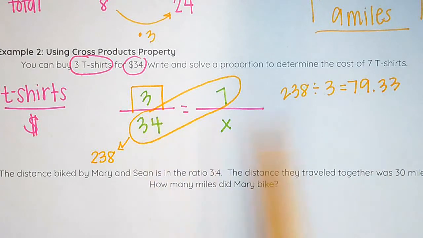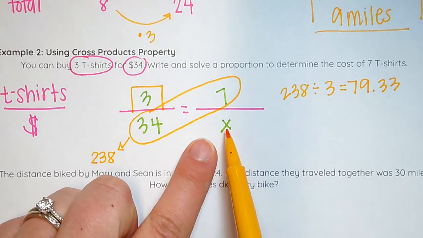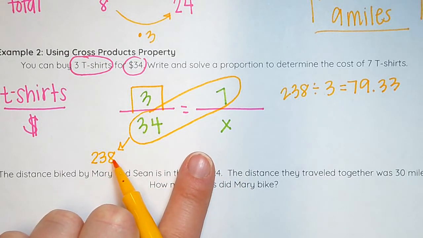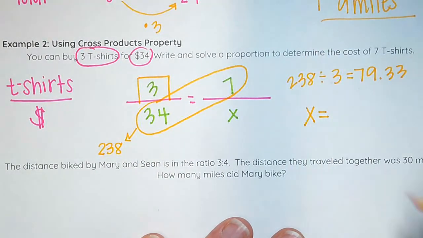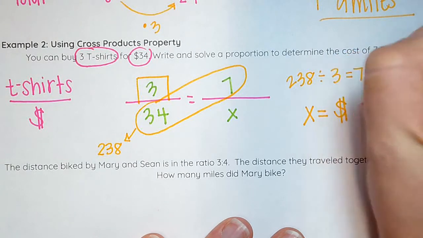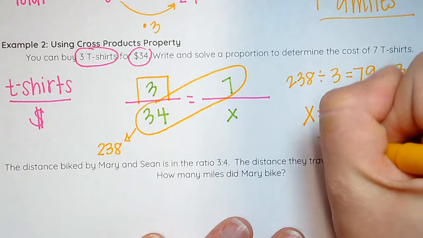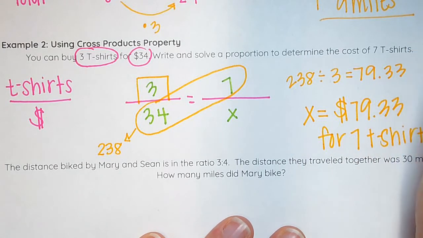Therefore, if I were to substitute in for X, 79.33, put that right there, 79.33 times 3 would get me the match of 238. Therefore, my X equals $79.33 for 7 t-shirts. And that's my answer.